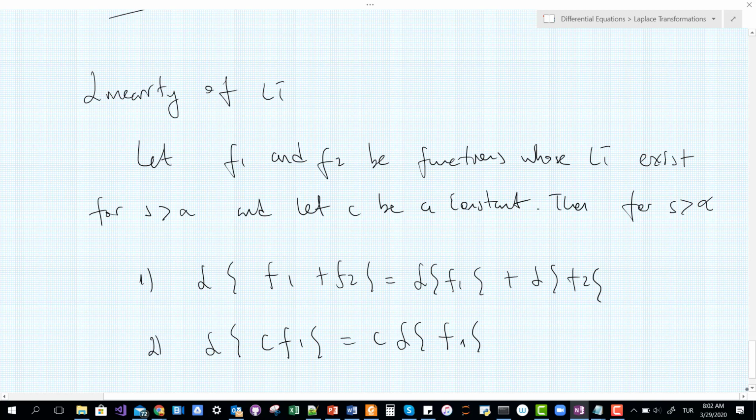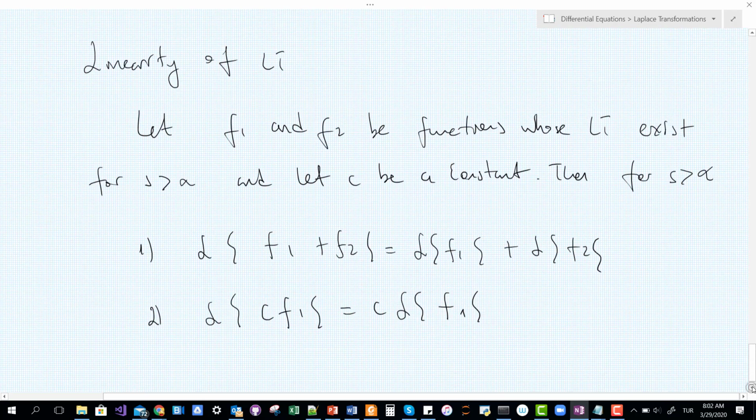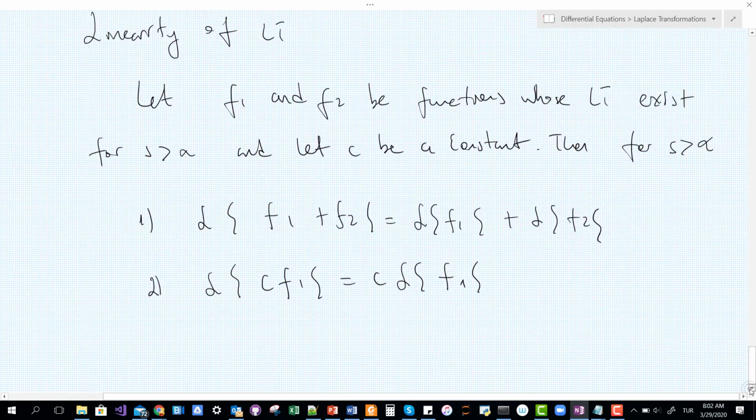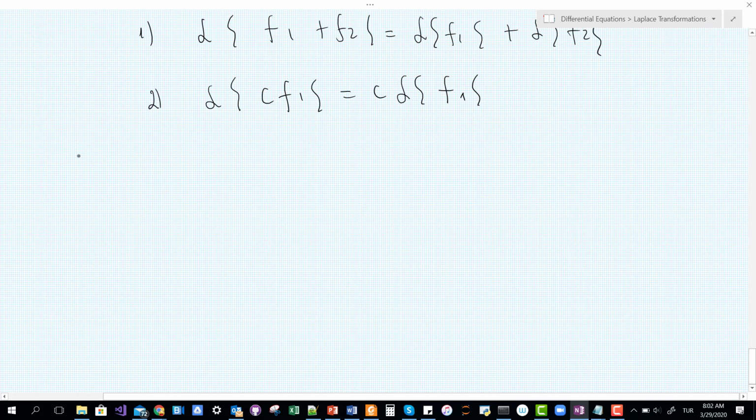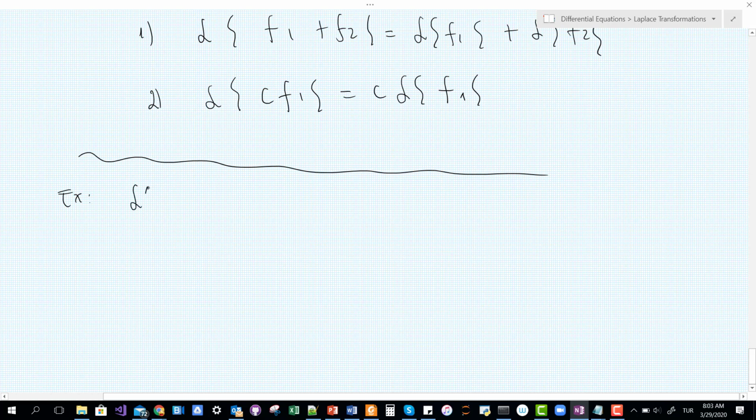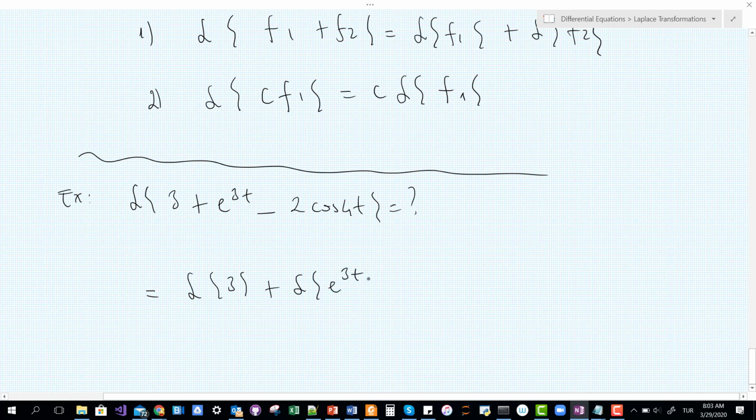Laplace transformation. And when you have such a transformation, as I showed you in the previous example, I'm going to use this linearity. So what was the example? The example was this one, 3 plus e to the 3t minus 2 times cosine 4t. Let's apply the Laplace linearity. Because of linearity, I can write this Laplace in this way.